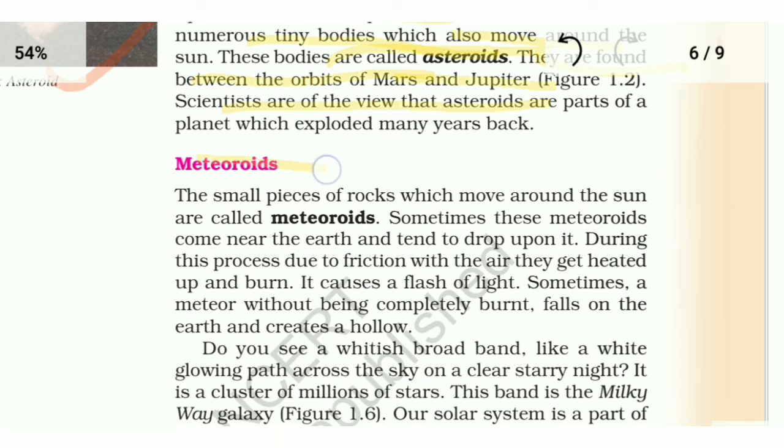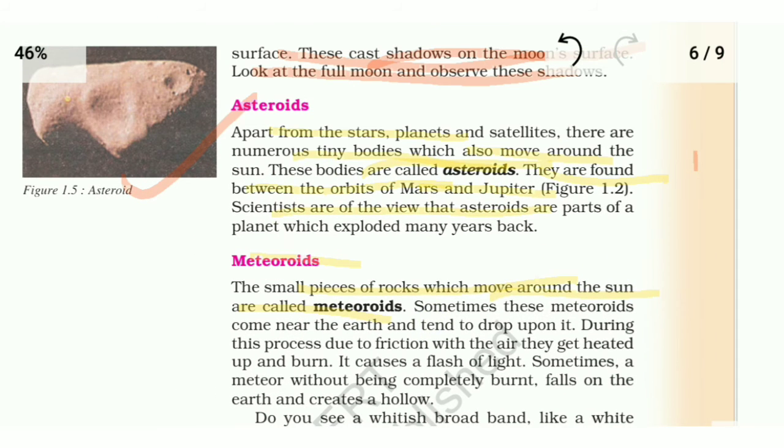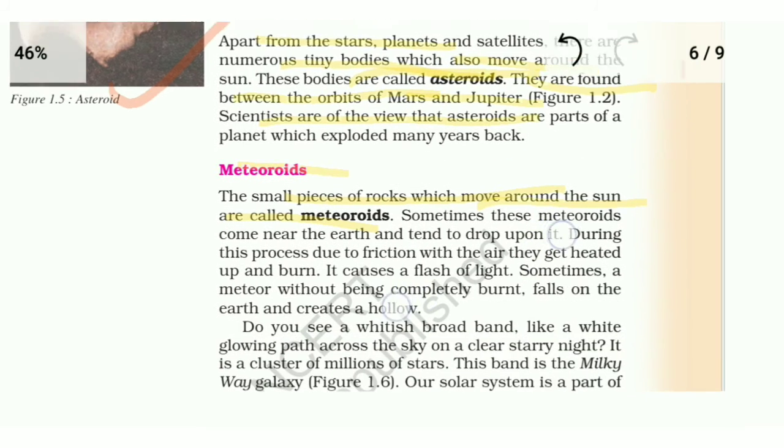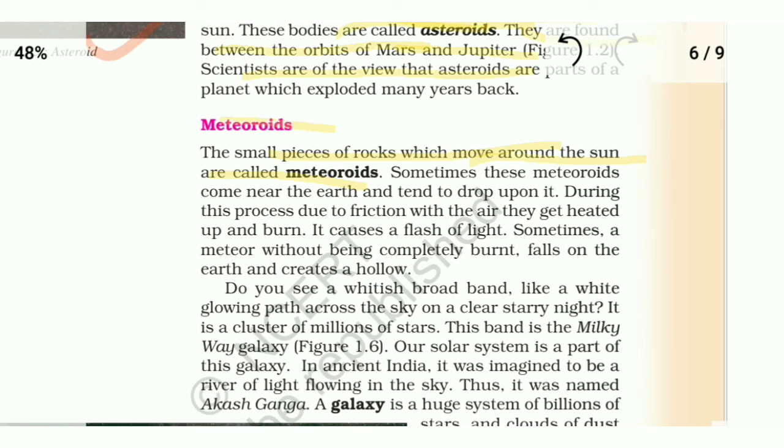Meteoroids are small pieces of rock which move around the sun. There is not much difference between asteroids and meteoroids, but here is the difference: sometimes these meteoroids come near the earth and tend to drop upon it.